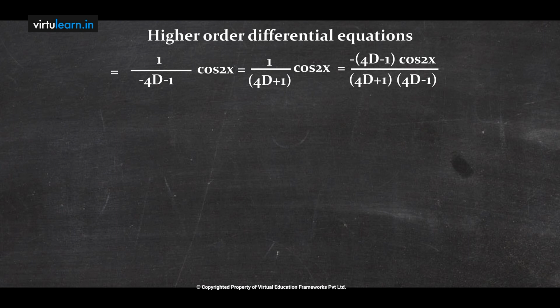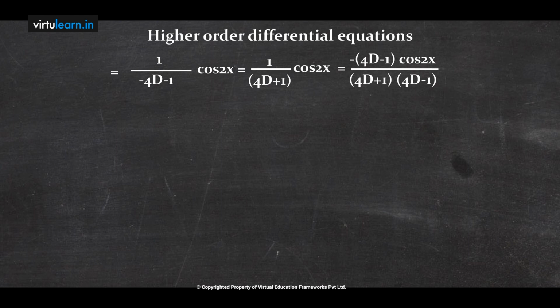Multiply and divide with 4d minus 1. What is the rationalized factor of the denominator? The rationalized factor of 4d plus 1 is 4d minus 1. That's why I multiply and divide with 4d minus 1. Therefore, minus of 4d minus 1 by 4d plus 1 into 4d minus 1 into cos 2x.